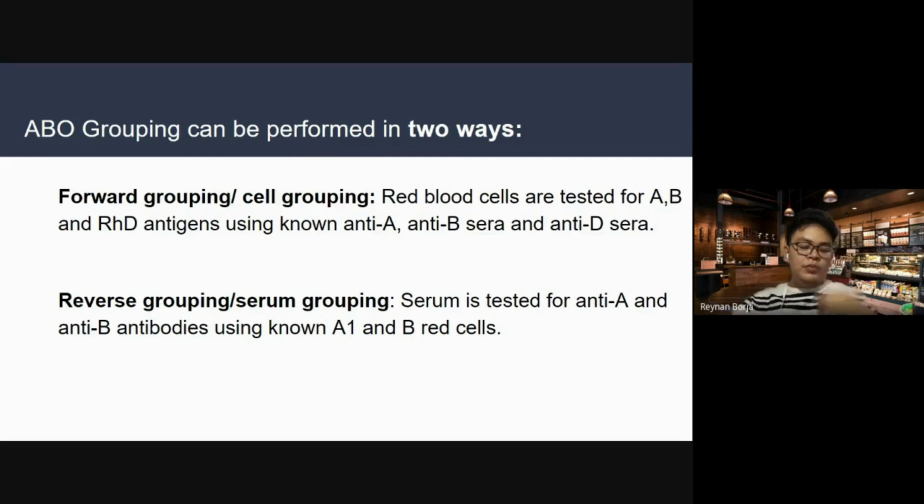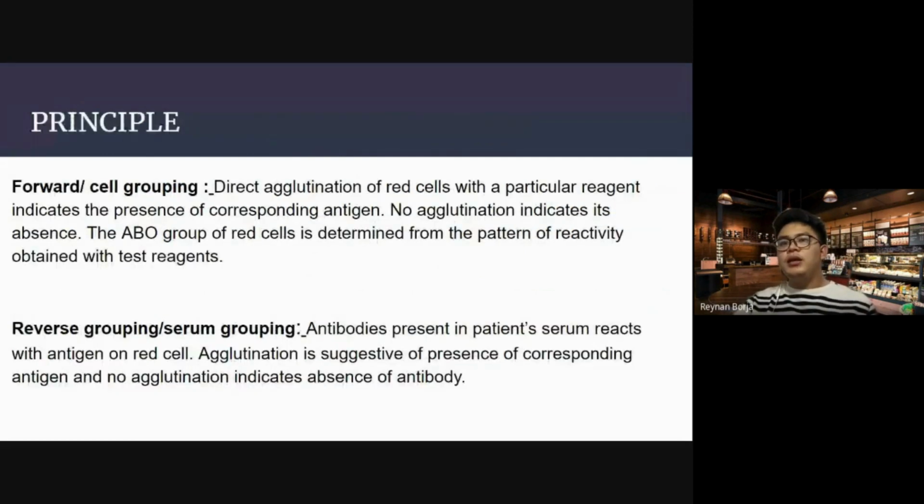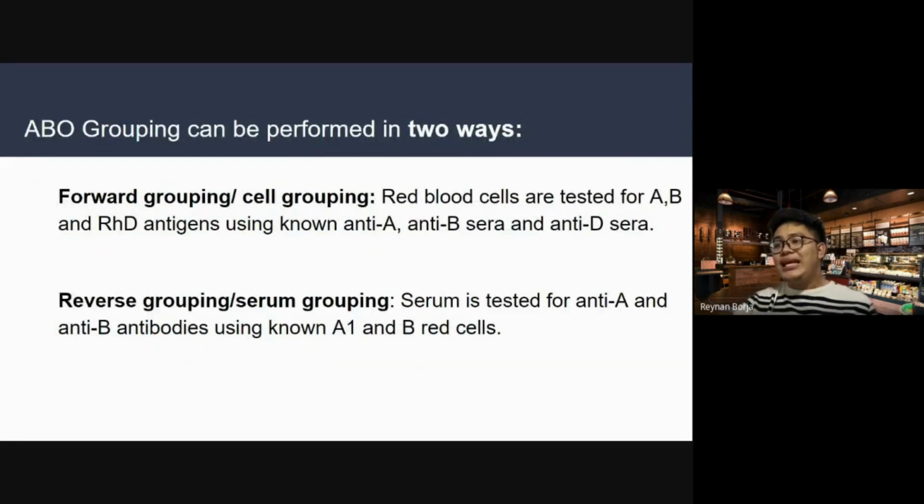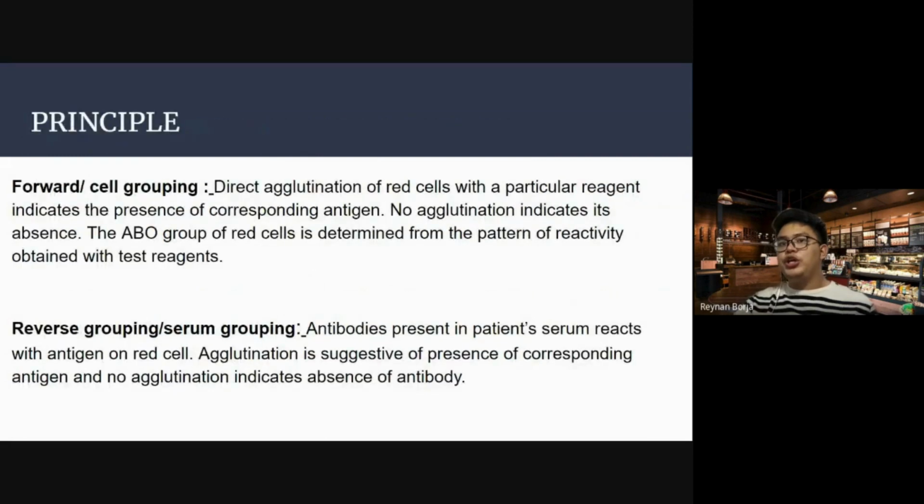Okay? Next. Ano yung principle ng ating testing for ABO Rh? So, sa forward naman, meron siyang direct agglutination. Nag-agglutinate yung RBC depending on the antigen present. Tama? Siyempre, pag no agglutination, absence ng antigen. Okay?